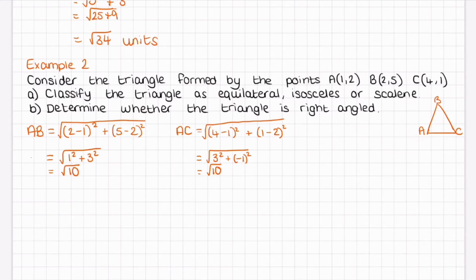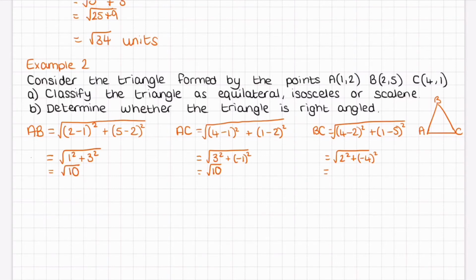And now we're going to do BC. So the side BC, we're going to have 4 minus 2 all squared plus 1 minus 5 all squared, and the square root of that. 4 minus 2 all squared will be 2 squared plus 1 minus 5 squared, negative 4 squared. So remember to put that negative 4 in brackets, otherwise you may get the answer wrong if you don't use brackets and you've used your calculator.